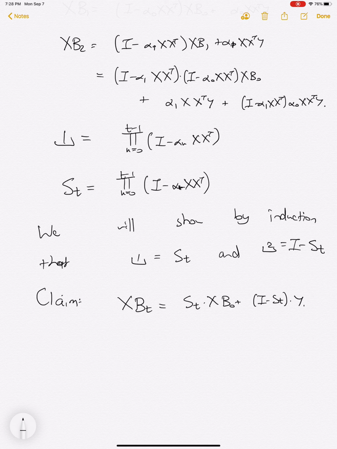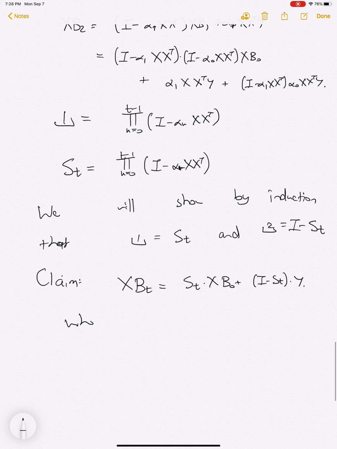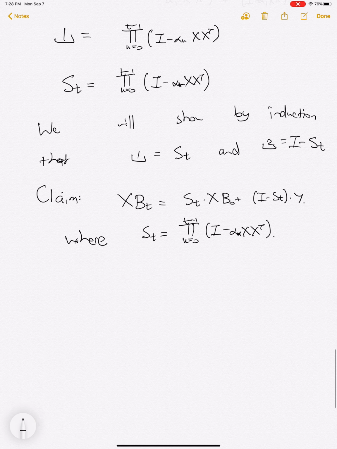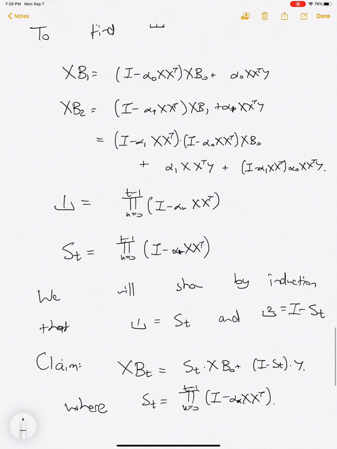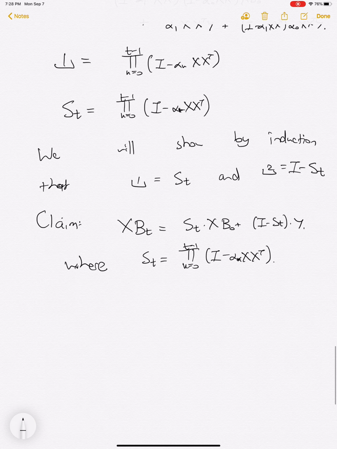Okay, where, okay. And again, we're getting into the mathematical detail quite deeply.